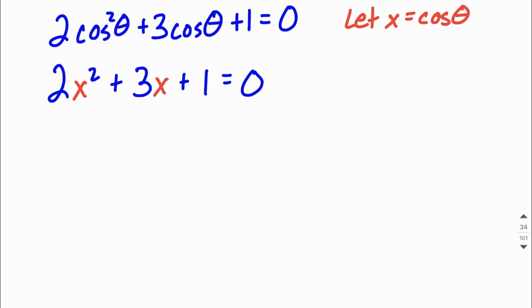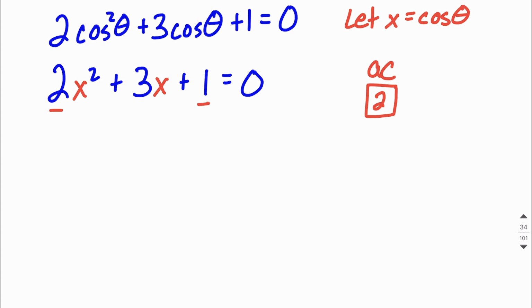All right, so for our purposes, I'm going to suggest using the AC method, because I notice our leading coefficient is a 2 out front there. Sometimes that's a little bit more difficult to factor when you have a 2 instead of a 1 x squared out in front. So I'm going to first calculate a times c, where the quadratic is ax squared plus bx plus c. So 2 times 1 makes 2.